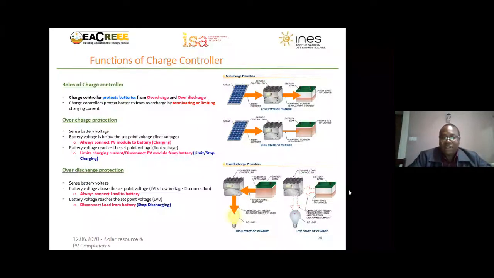So when the battery voltage is still above the low voltage disconnect level, the loads will continue to draw power or energy from the battery, so it will be connected. But when it gets to that level or below, there will be automatic disconnection. So you will not be able to draw power from that battery.